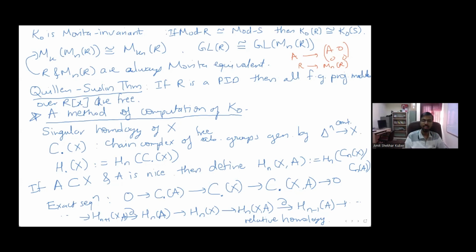You are trying to embed R not as scalar matrices, but with just one non-zero entry. Because if you consider scalar matrices, then you have unnecessary non-zero entries, and then the rest are padded. This is the map. Something simpler.